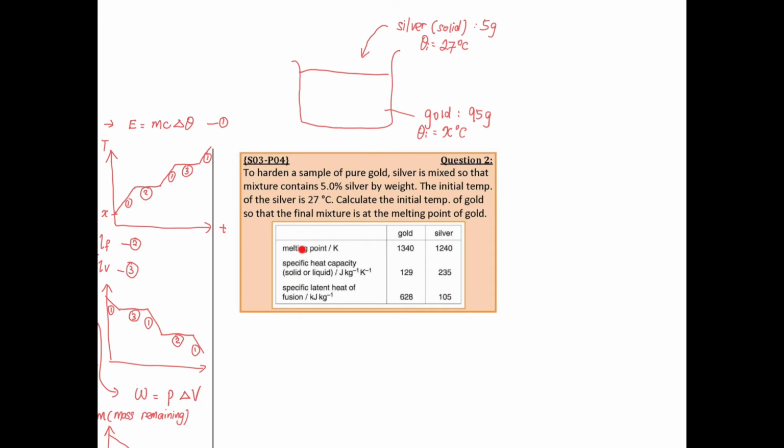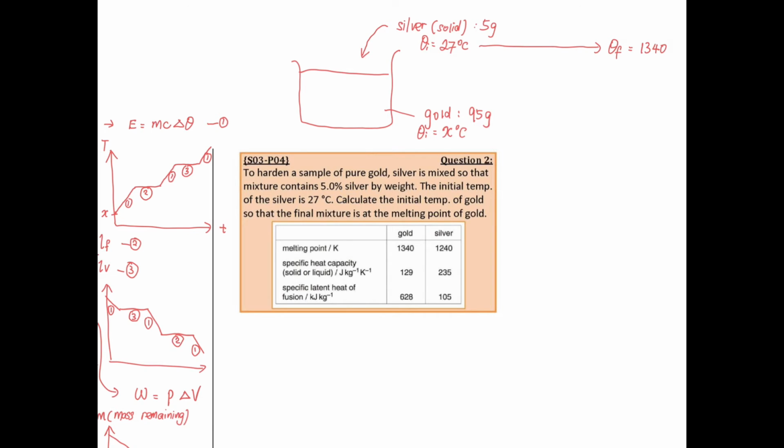Okay, so melting point of gold, 1340. Final 1340 Kelvin. Oh, this is Kelvin. So if that is the case, let's change everything to Kelvin then.